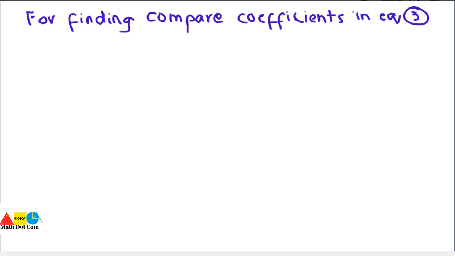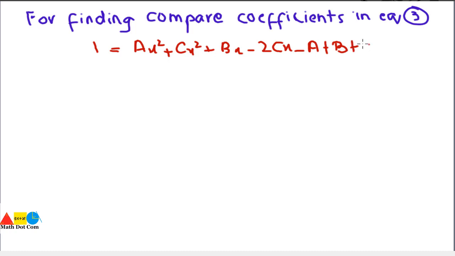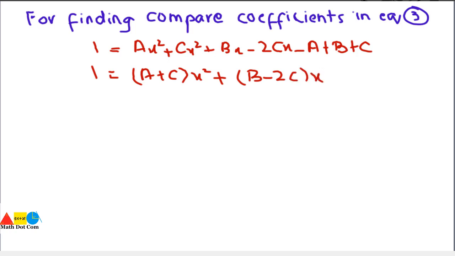So the equation is 1 is equal to ax square plus cx square plus bx minus 2cx minus a plus b plus c. Now this was the equation, and we have to compare the coefficients on both sides. Let's see how. We can further simplify it as (a plus c) x square plus (b minus 2c) x minus a plus b plus c.